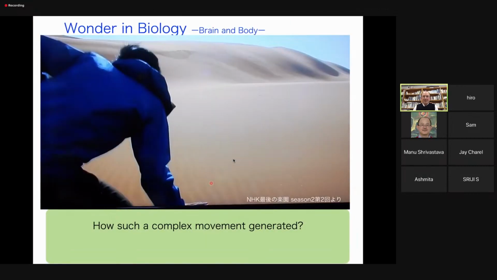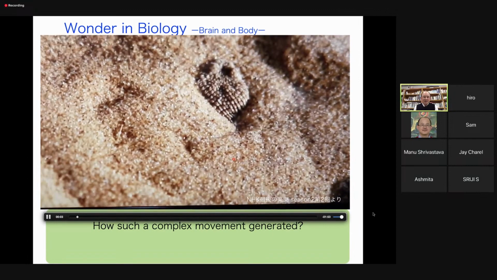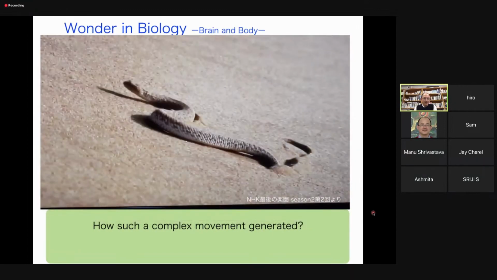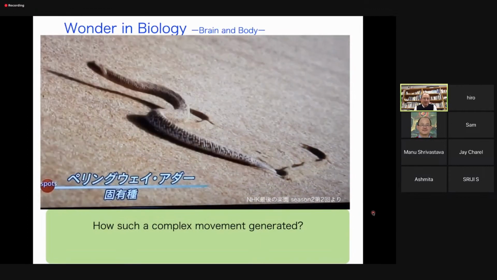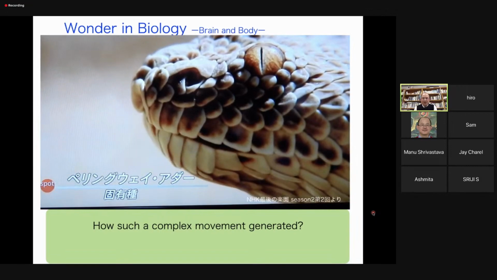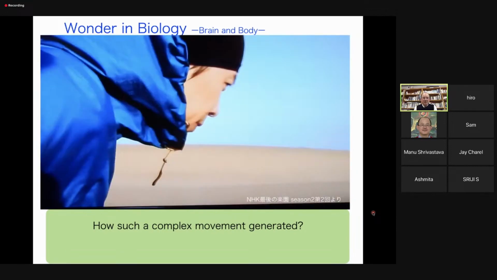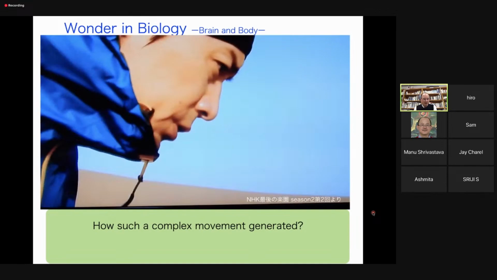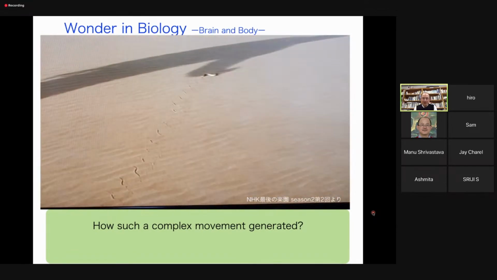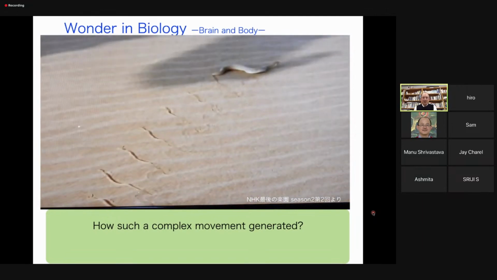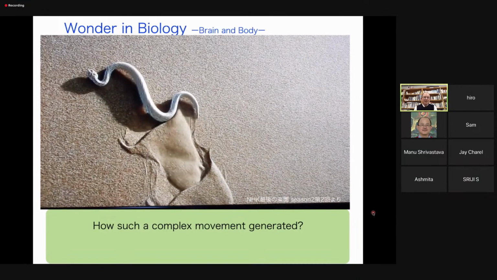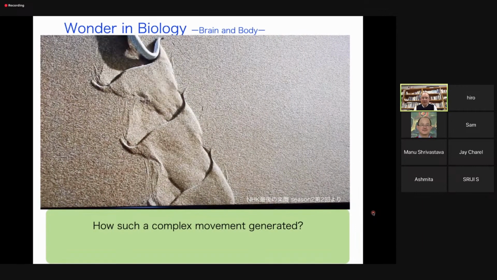I'm using the same picture, the video coming from an NHK TV program. This is the general exhibition of snake motion generated by the peripheral nervous system. It's called the central pattern generator, CPG. CPG is embedded in animals, in vertebrate animals, at the backbone. It has the nervous system inside.